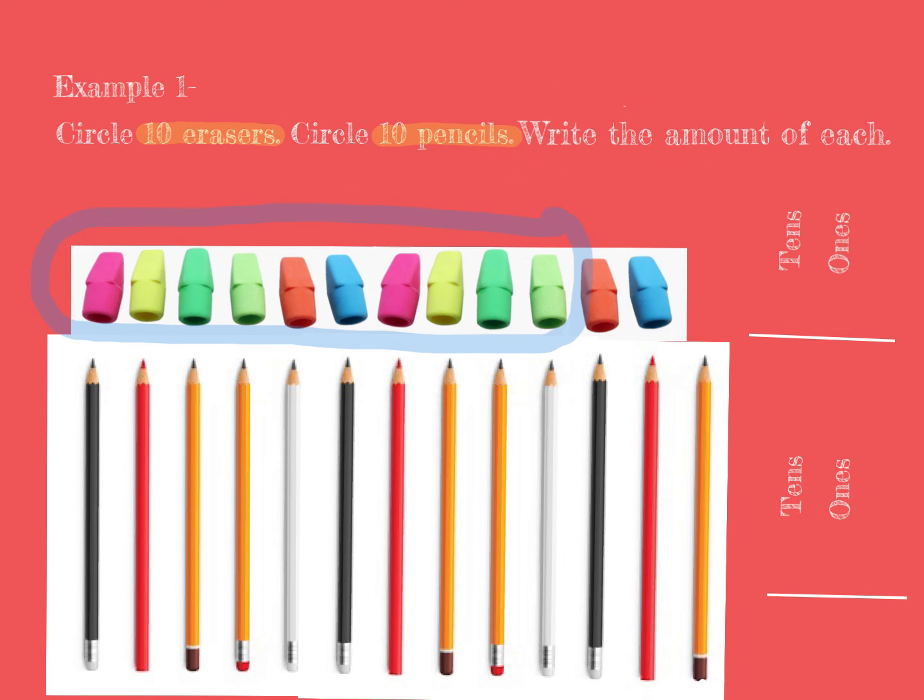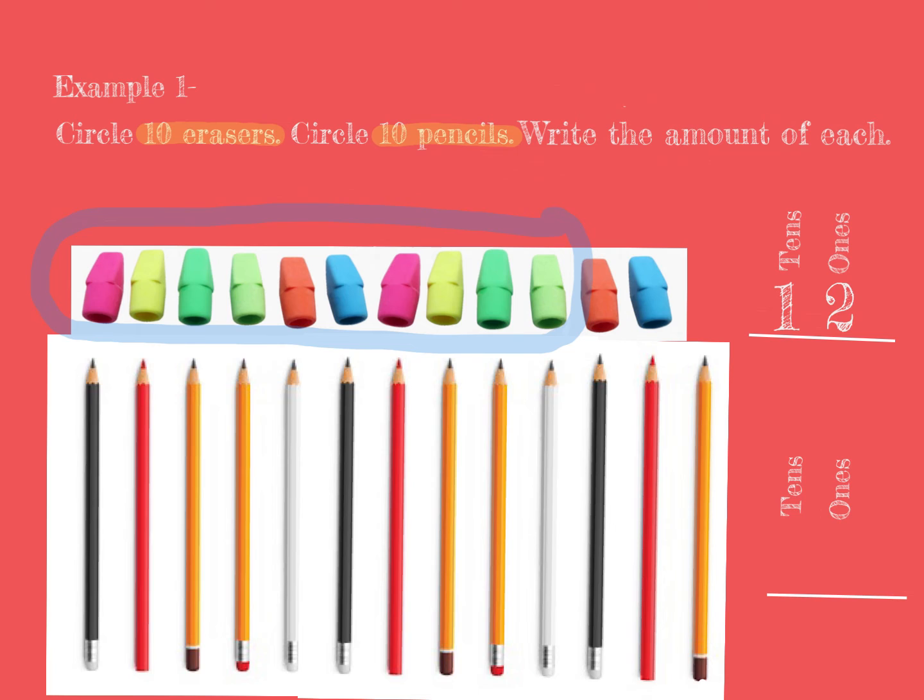And then we'll put a 1 in the tens place. Now we will count out the rest. 1, 2. So we put a 2 in the ones place. Therefore, we have 12 erasers.